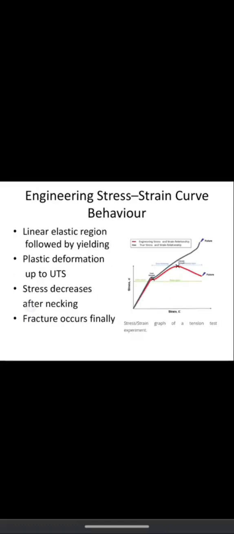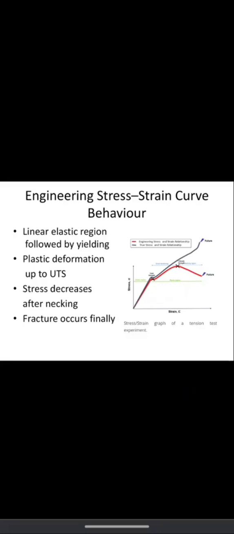Now we can observe the behavior of the engineering stress-strain curve. In the graph, the red curve is the engineering stress-strain relationship. The curve increases linearly in the elastic region, and after yielding, plastic deformation occurs.